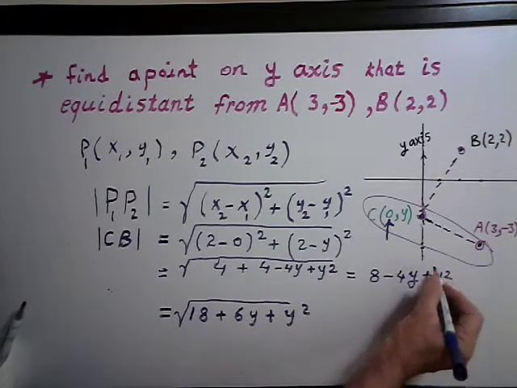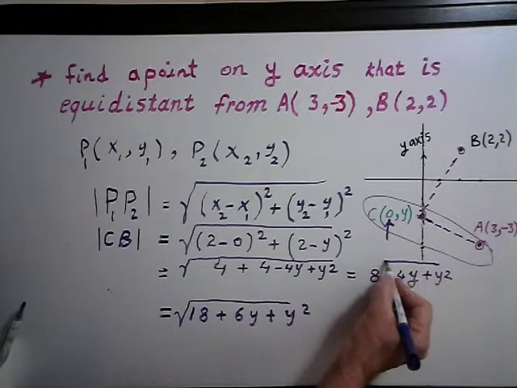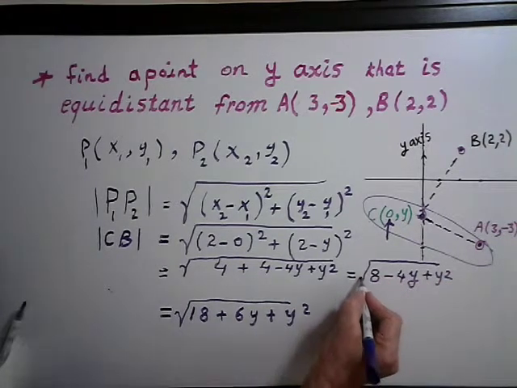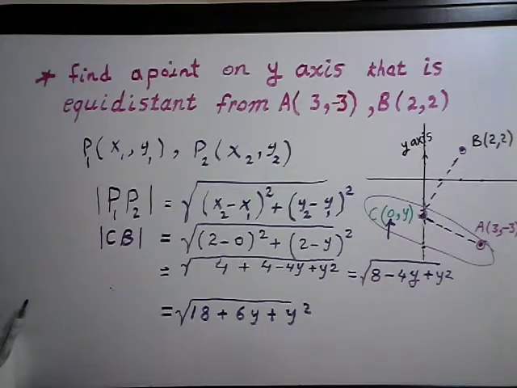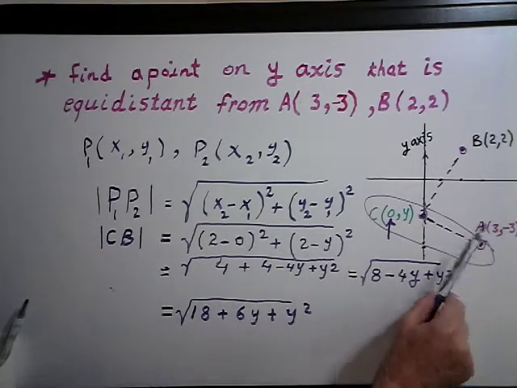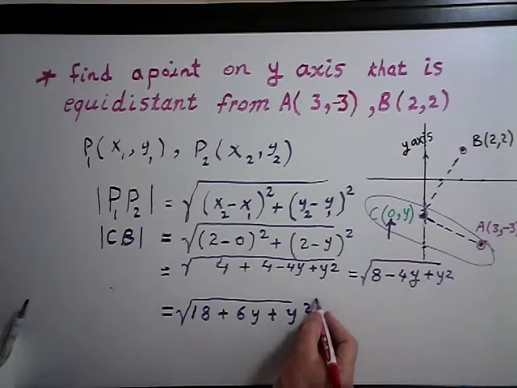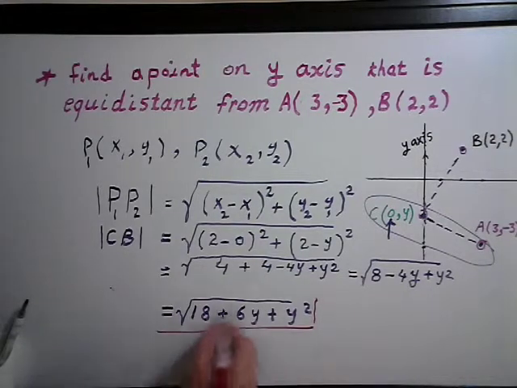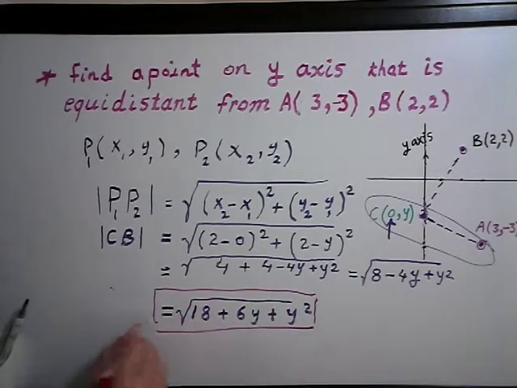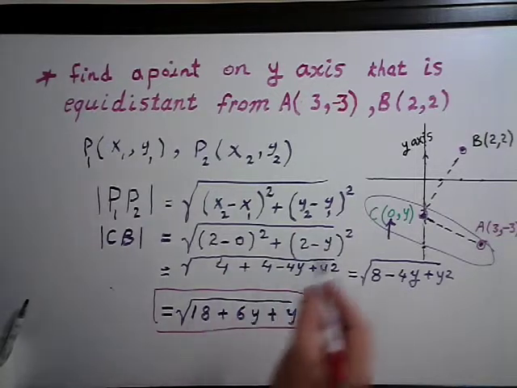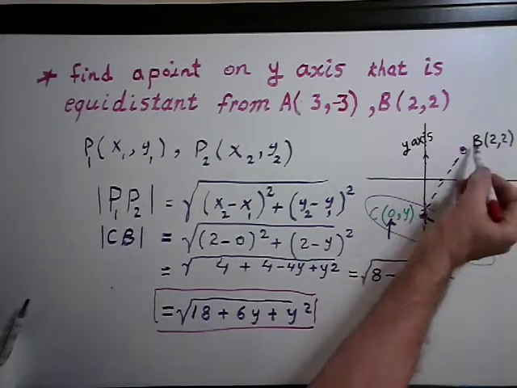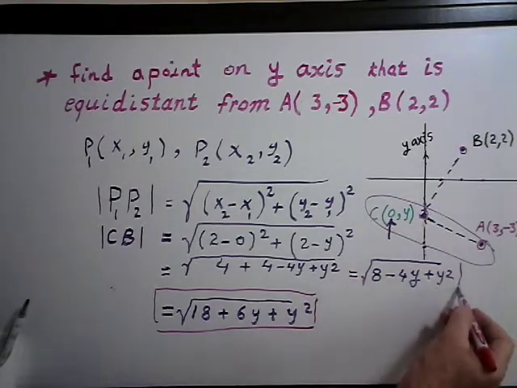All those under the square root. So now we found the distance between C and A, which we got here, and the distance between C and B, which we got here.